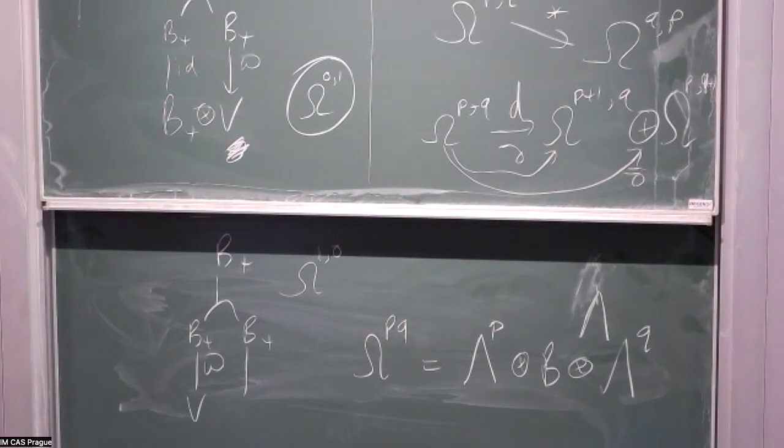What is omega again? This is the Maurer-Cartan form, the invariant, well, at least that's one way of looking at it. It is just a derivative map.